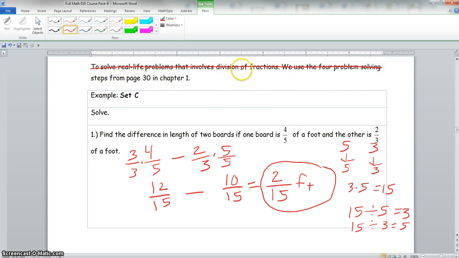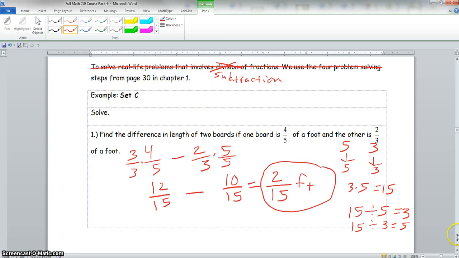We could keep this statement here, but just get rid of division and put subtraction. So it'd be to solve real-life problems that involve subtraction of fractions. We use the 4 problem-solving steps from page 30 in chapter 1.